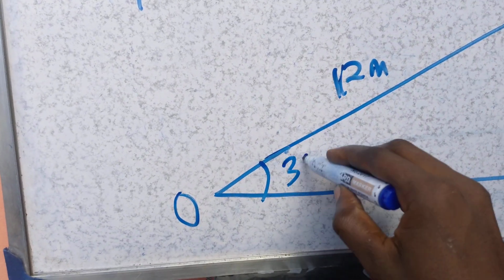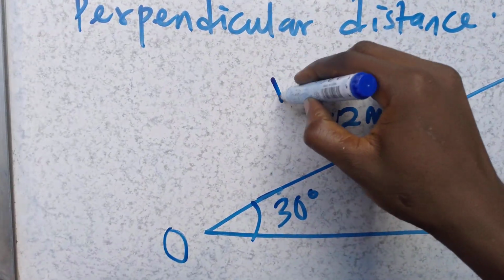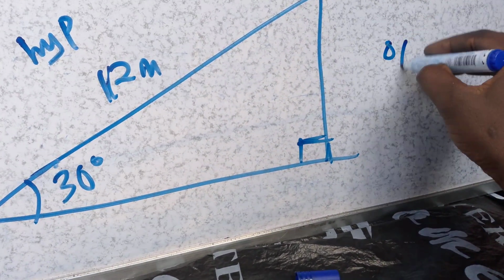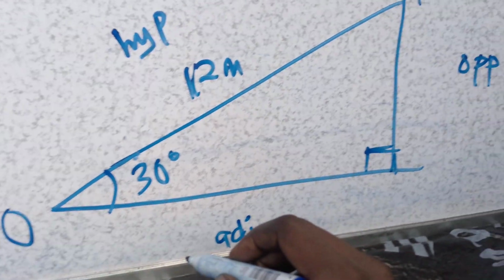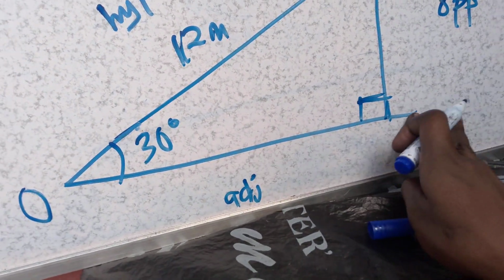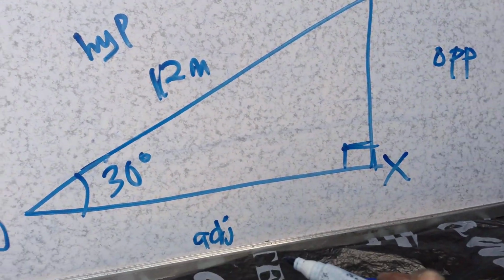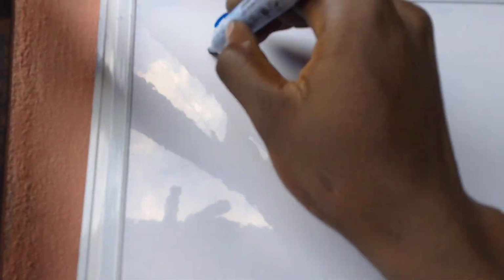Then here is 30 degrees. So the side facing angle 90 is my hypotenuse. The side facing the angle of inclination is my opposite side. The remaining side becomes my adjacent. And what I'm looking for is the adjacent side. So if, for instance, I call here X, now we use the basic trigonometric ratio.